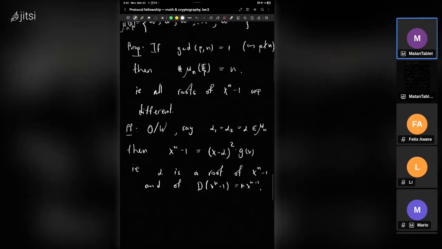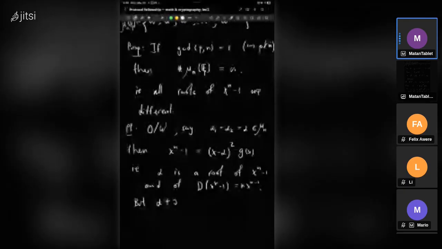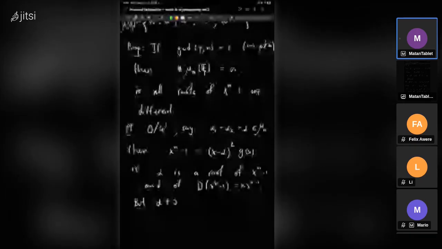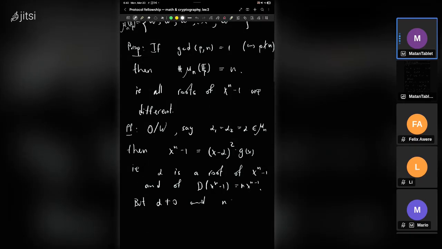And so a double root has to be a root of the derivative, and n is prime to p, and alpha cannot be 0 because it has to be a root of unity. The nth power of it has to be 1, and n is prime to p, so p does not divide n.